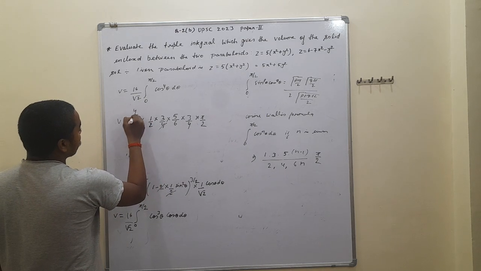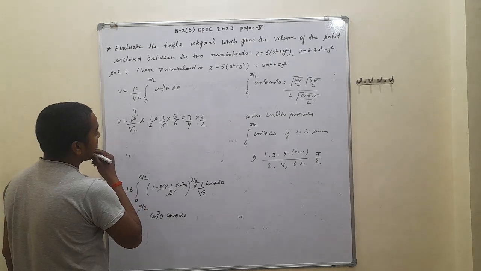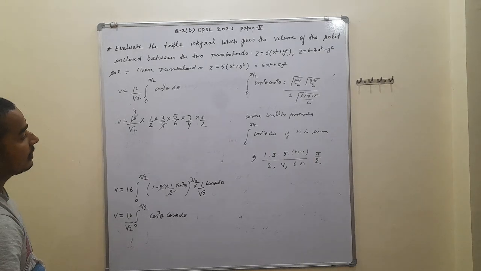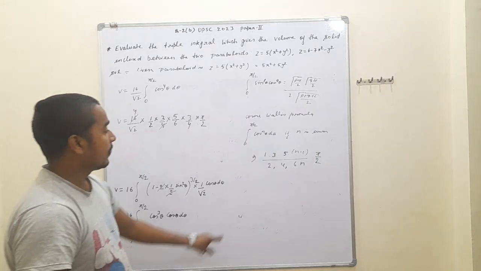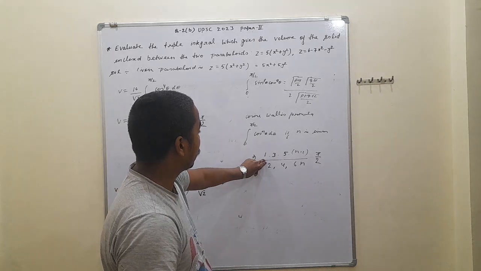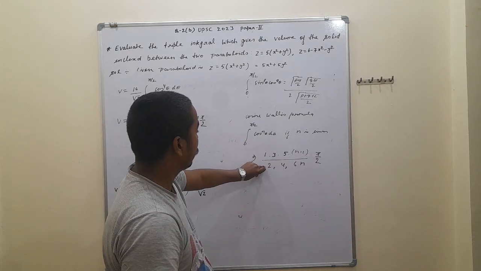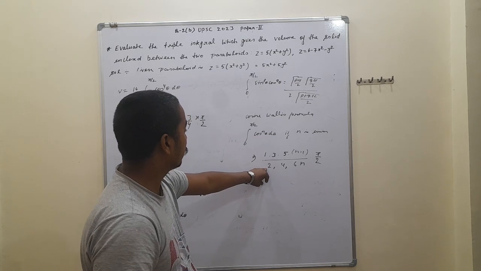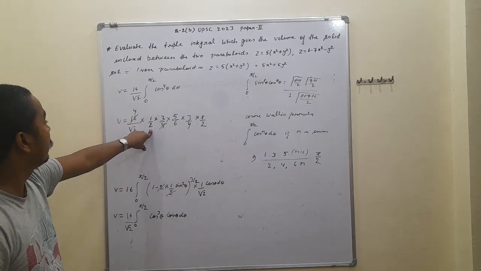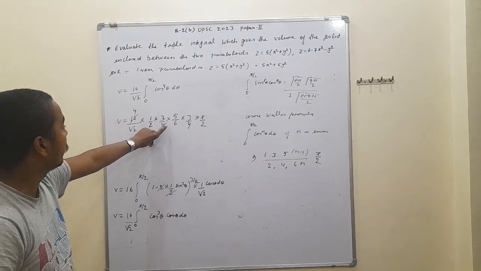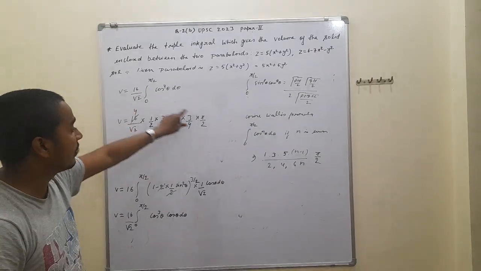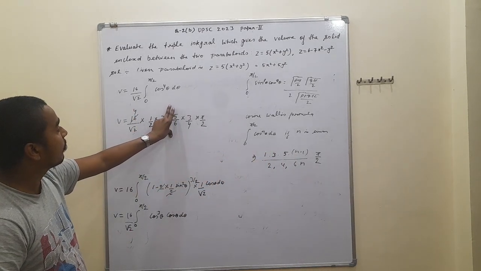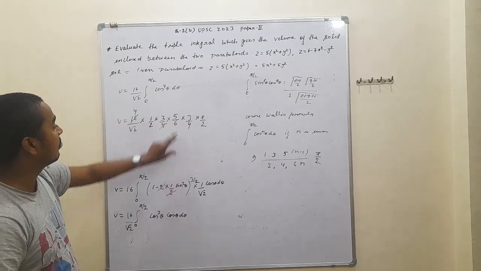When n is even, the pattern is 1 by 2 into 3 by 4 into 5 by 6, and putting n minus 1, that is 4 minus 3, gives 3 by 4 into pi by 2.